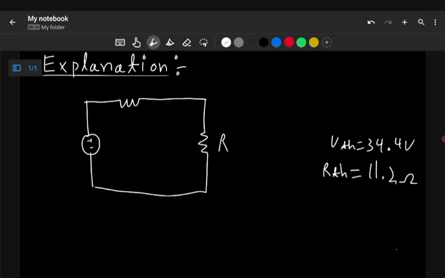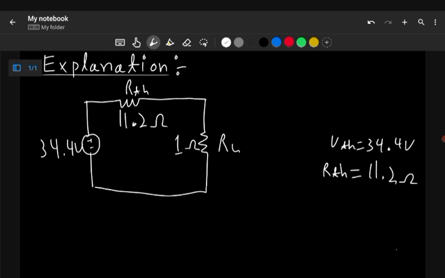This is RL, which is 1 ohm if I remember correctly. This is RTH, which is 11.2 ohms. And this is VTH, 34.4 volts.